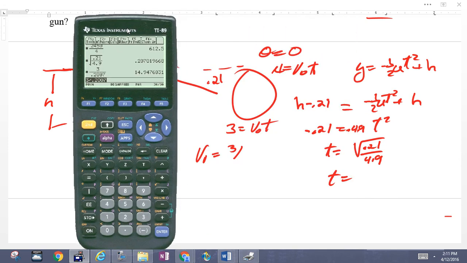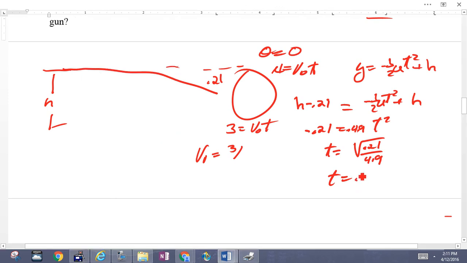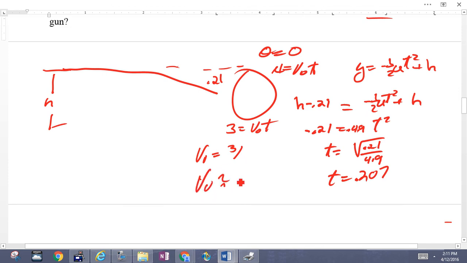Let's call it 15 meters per second. So t is equal to, as we see here, 0.207 seconds, 0.2 of a second, and v0 is a little bit under 15 meters per second. And that's that.